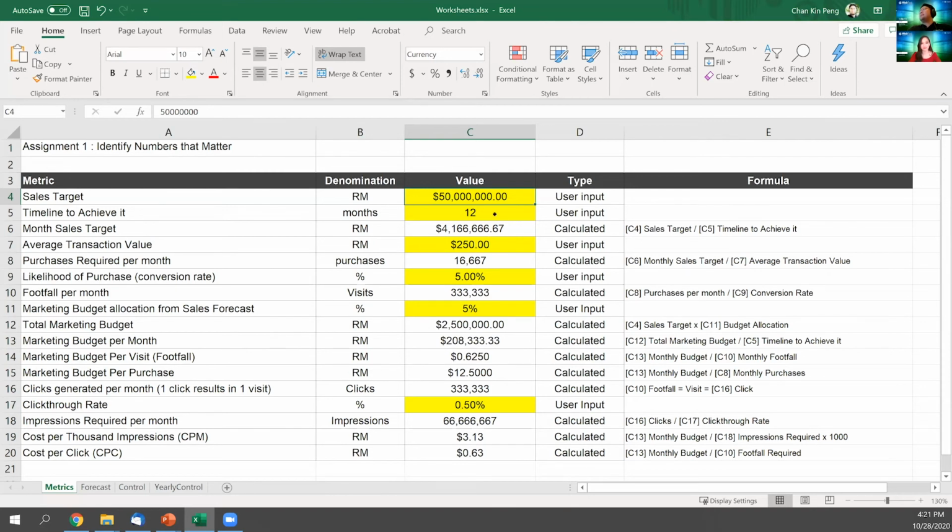So once you enter 10 million, the next question that you ask is this. When I'm a startup, most of the time my VC or my investors expect me to generate an outcome within X amount of time. Some people will say 1 year, some people will say 5 years. If you say this is 2 years, then I will change this to 24 months, and you will calculate accordingly.